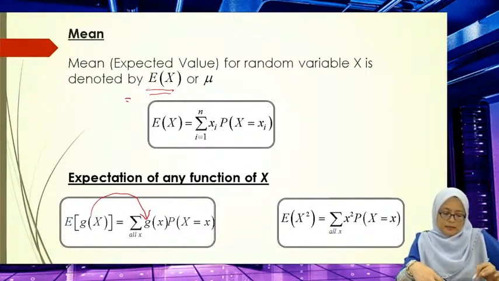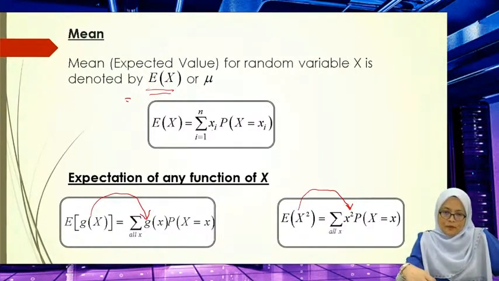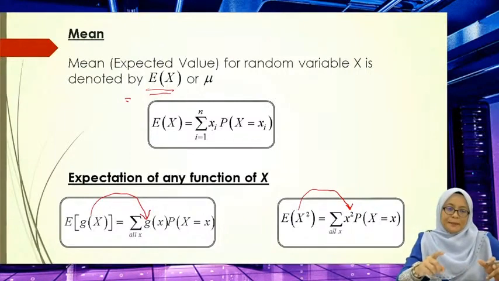Okay, so sama juga kalau sini X square, darab dulu dengan nilai X square, dia punya probability tu. So total up. Okay, so untuk expectation ni dia mesti daripada nilai F kecil awak. Maksudnya nak cari expectation bukan guna nilai kumulatif awak.